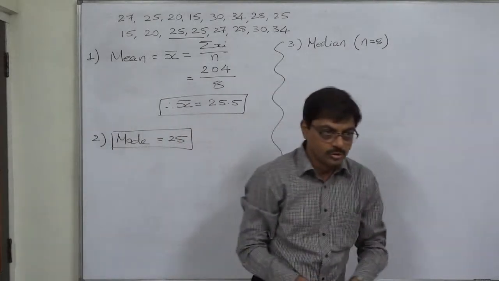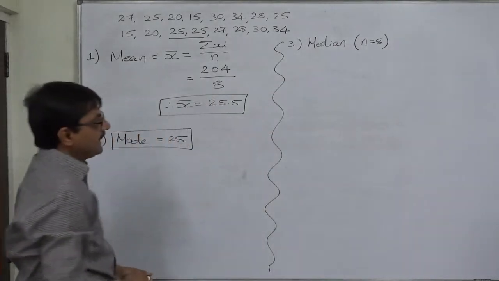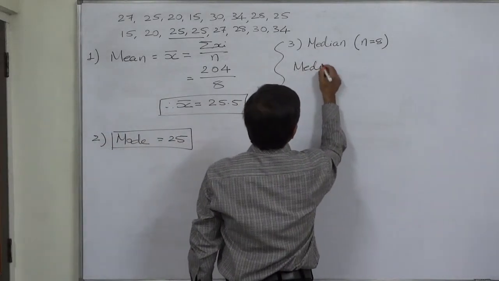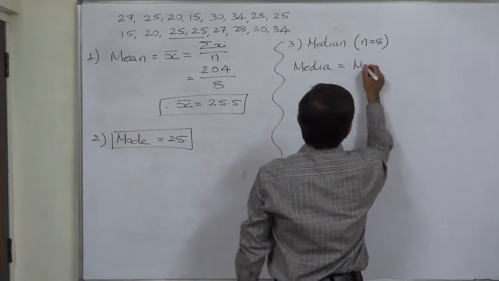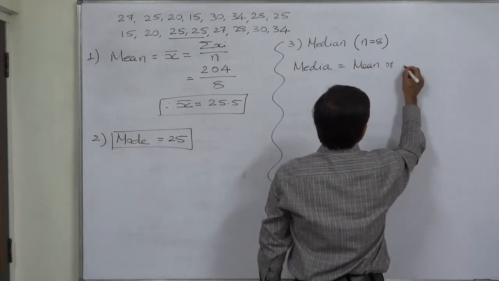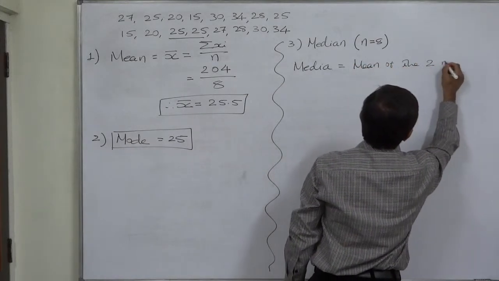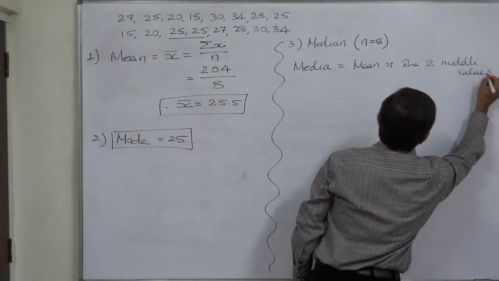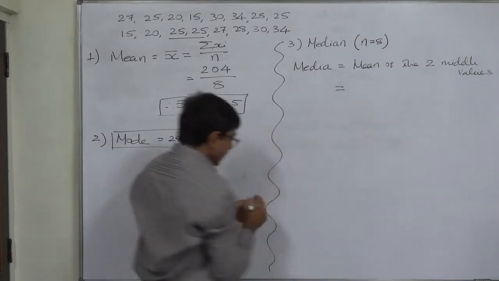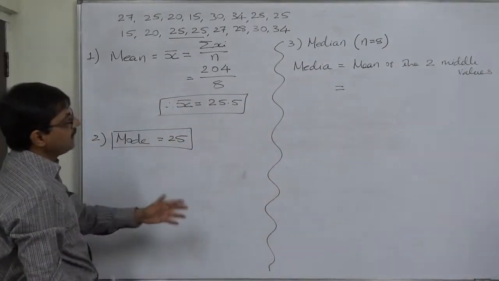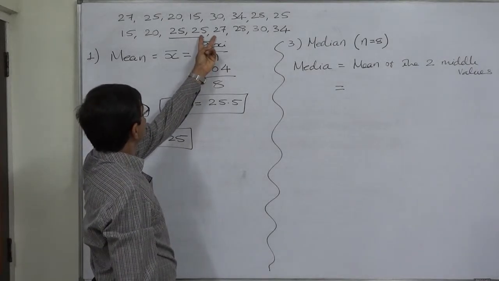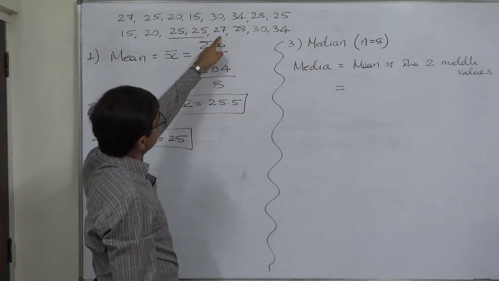Now what to do? In case of an even number of data values, median is the mean of the two middle values, because there can be two middle values. Second 25 and then 27.